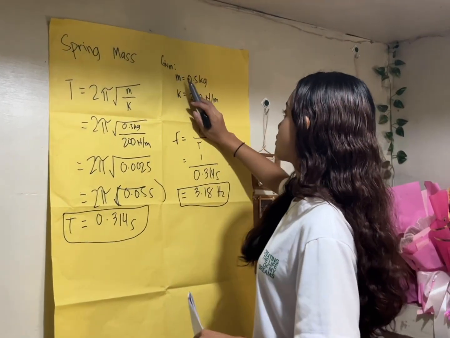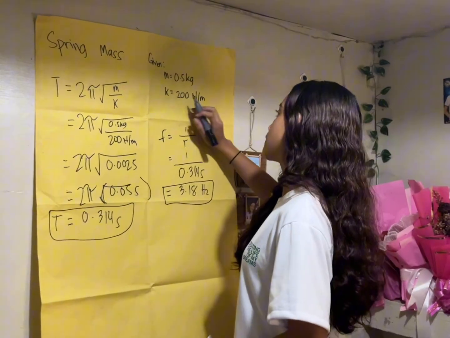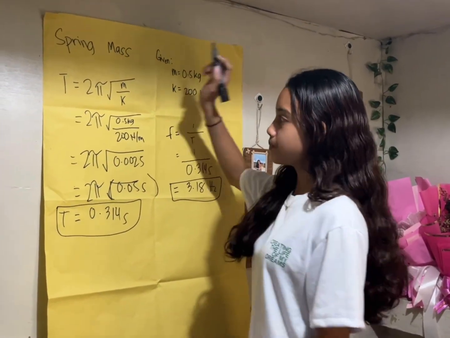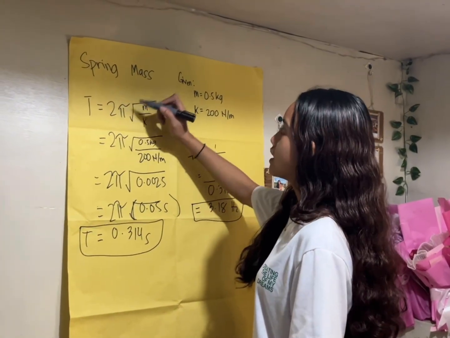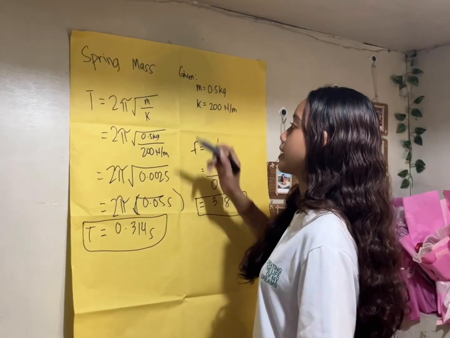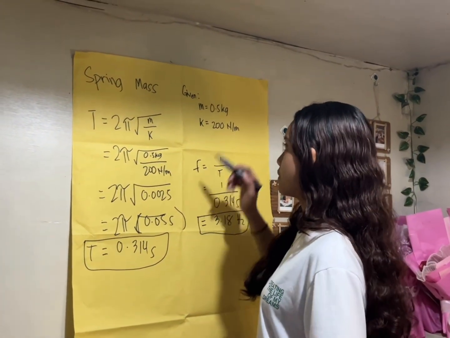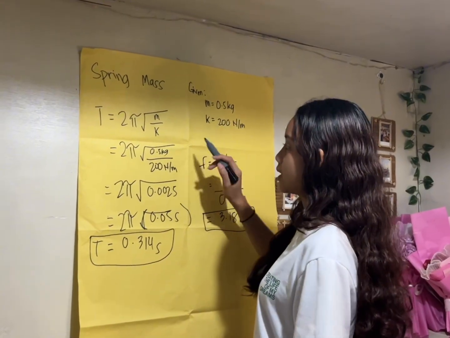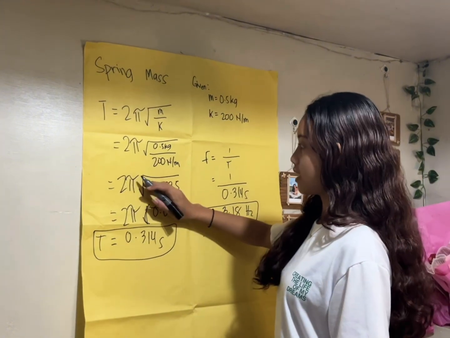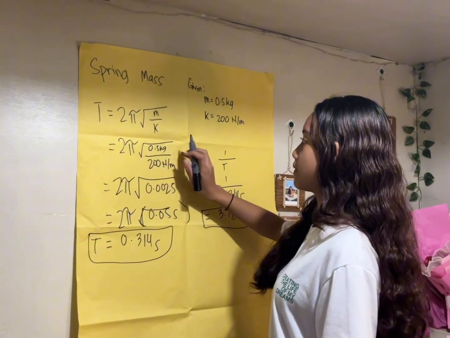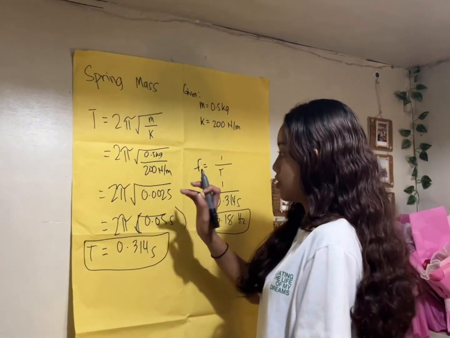The given is m equal to 0.5 kilogram and k equal to 200 Newton per meter. The formula is T equals 2 pi square root of m over k. Next is 2 pi square root of 0.5 kilogram over 200 Newton per meter, which is equal to 0.0025.